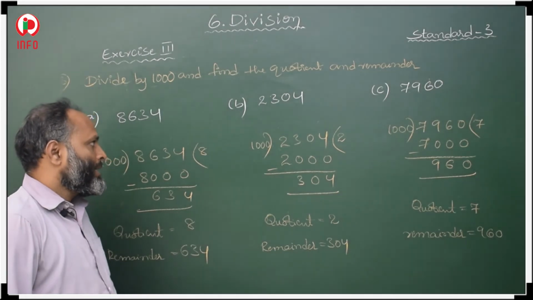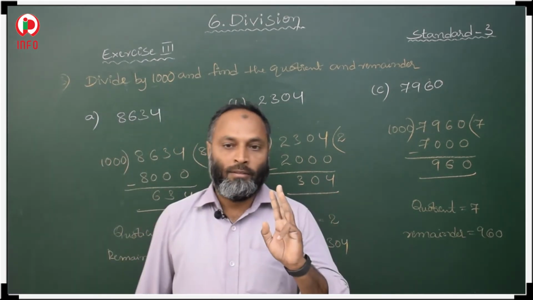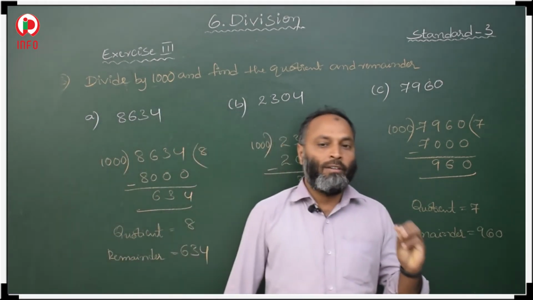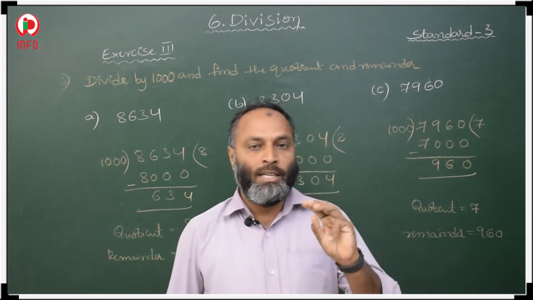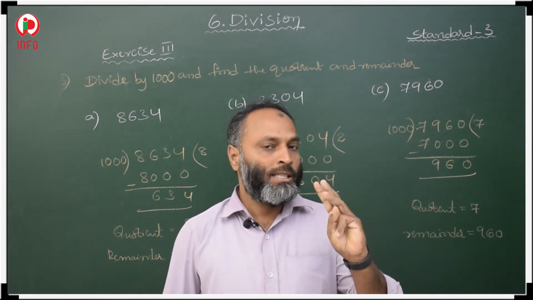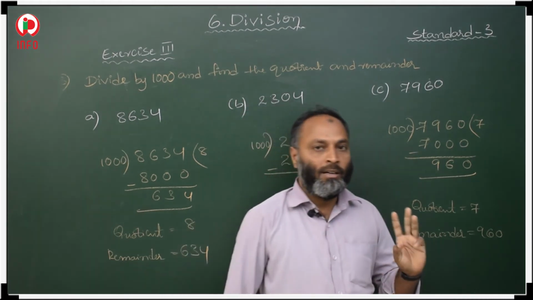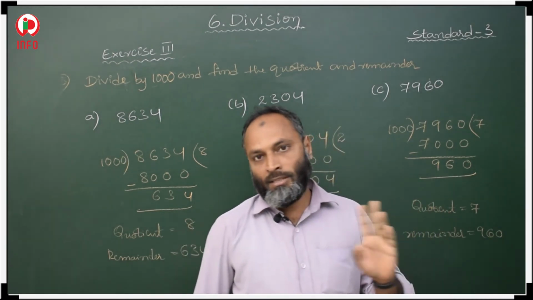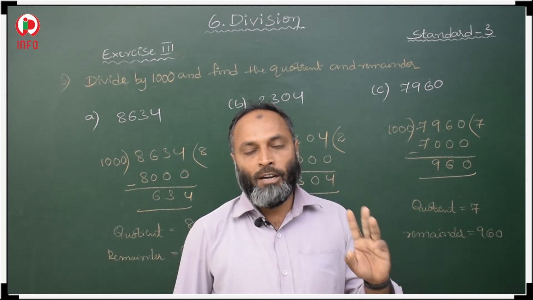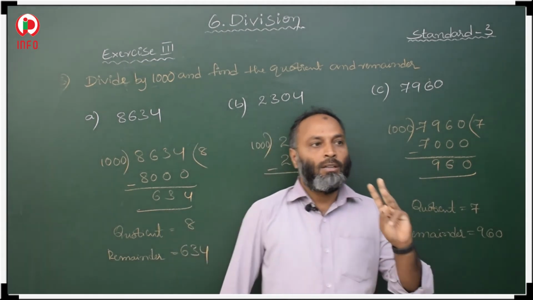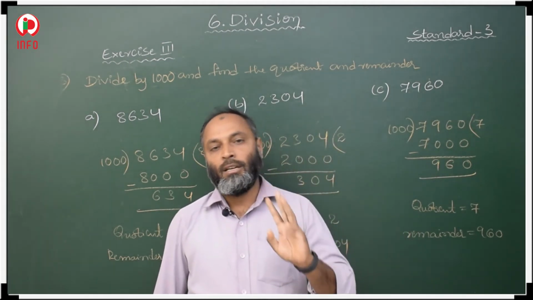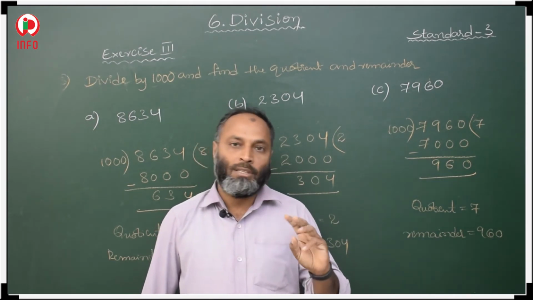See here, one simple thing: when we divide by 1000, the last 3 digits, ones, tens, hundreds, are our remainder and the rest of the places are the quotient. When we divide by 100, the 2 digits, ones and tens, are the remainder and the rest of the places are the quotient.